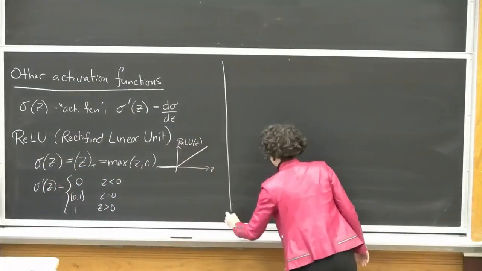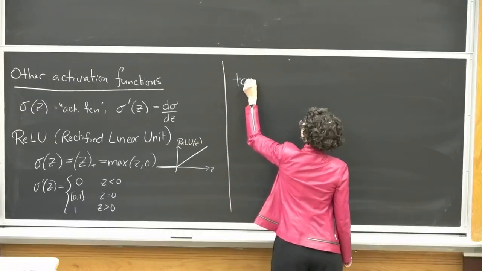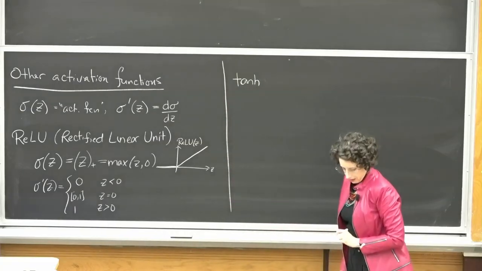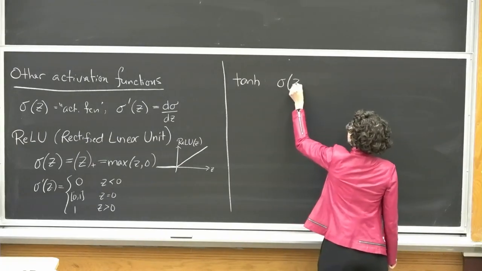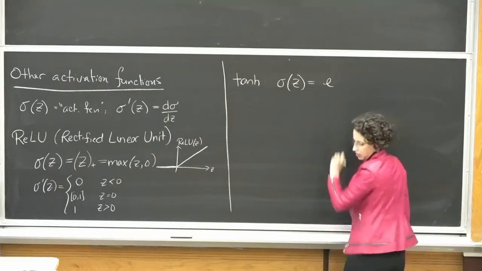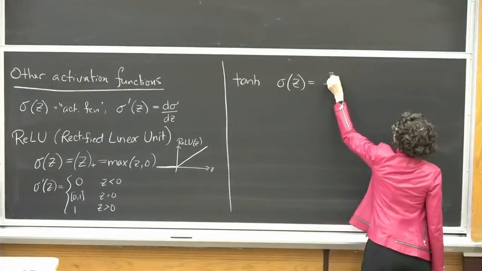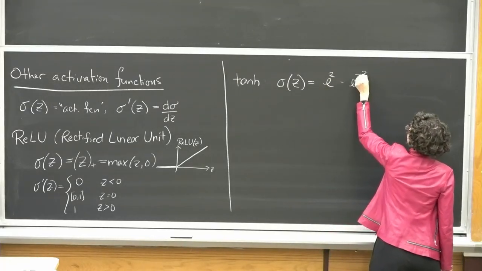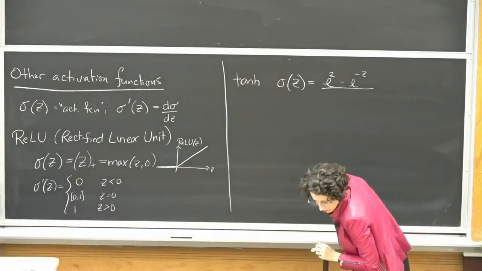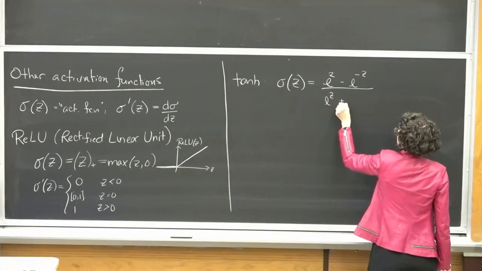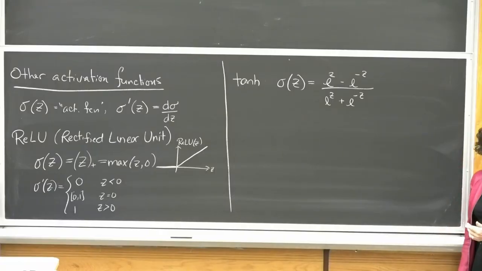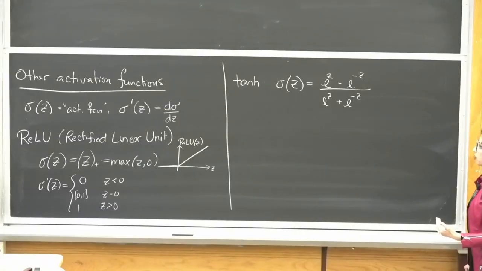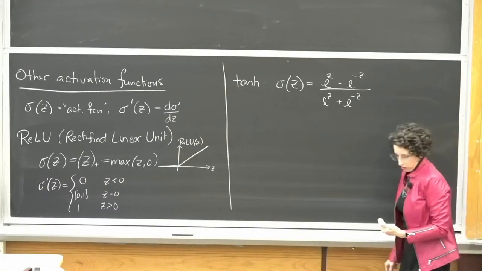Another common example is tanh, where I just want to make sure I get this right. Sigma of z is equal to e to the positive z minus e to the negative z, divided by e to the positive z plus e to the negative z. This is one that's especially widely used in recurrent neural networks and in large language models.